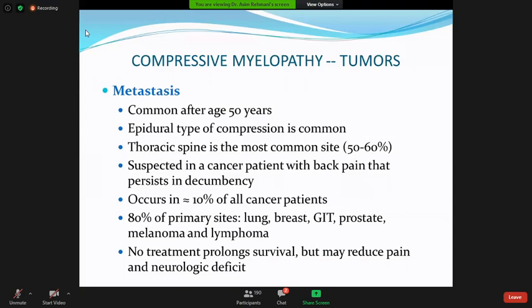If the patient is medically fit, that is, he or she can undergo surgical decompression, and he or she has intractable pain due to metastasis or gross progressive neurological deficits, these are basically the indications for decompression in such malignant conditions.